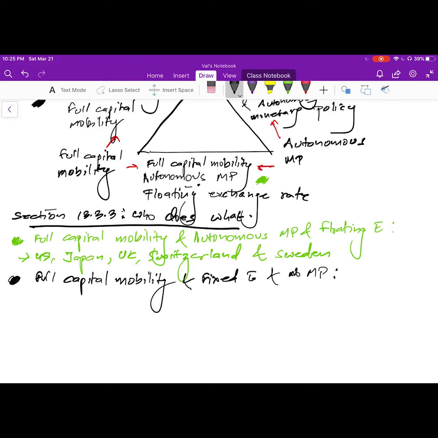This would be, in some ways, the Bretton Woods system that formed in 1944. I talked about this in chapter 1, the Bretton Woods system.